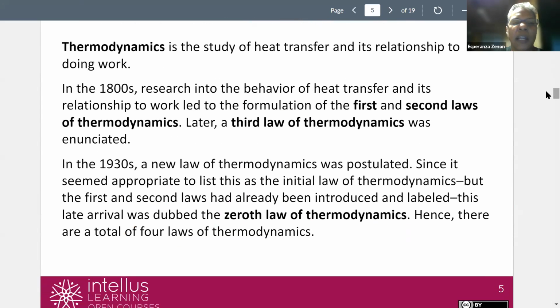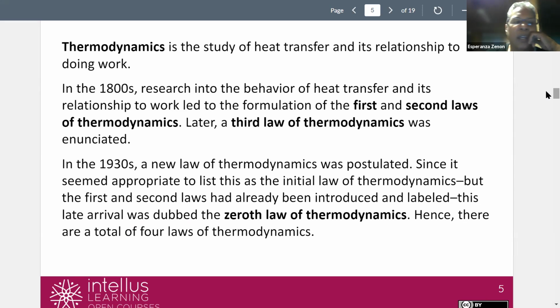Thermodynamics looks at heat transfer and its relationship to work. To be absolutely clear, it's the relationship between work, heat, and energy, because they're all interchangeable.